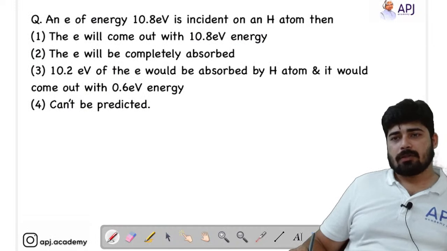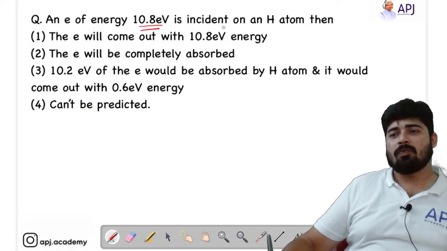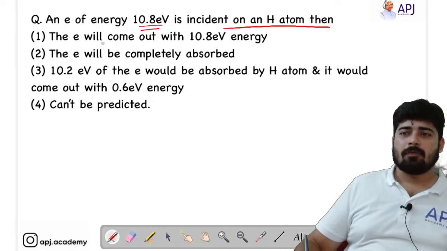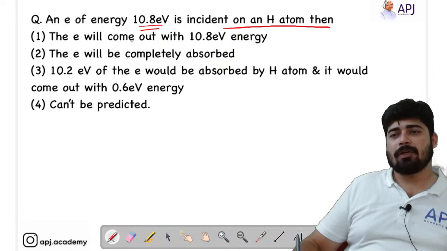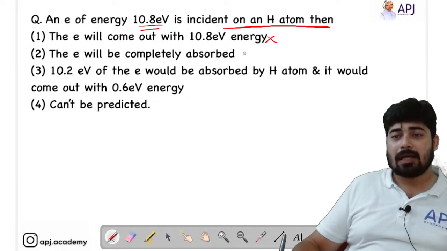Now the last question. An electron of energy 10.8 electron volt is incident on a hydrogen atom. Then first let's see the first option. The electron will come out with 10.8 electron volt energy. Wrong. The energy will be completely absorbed.